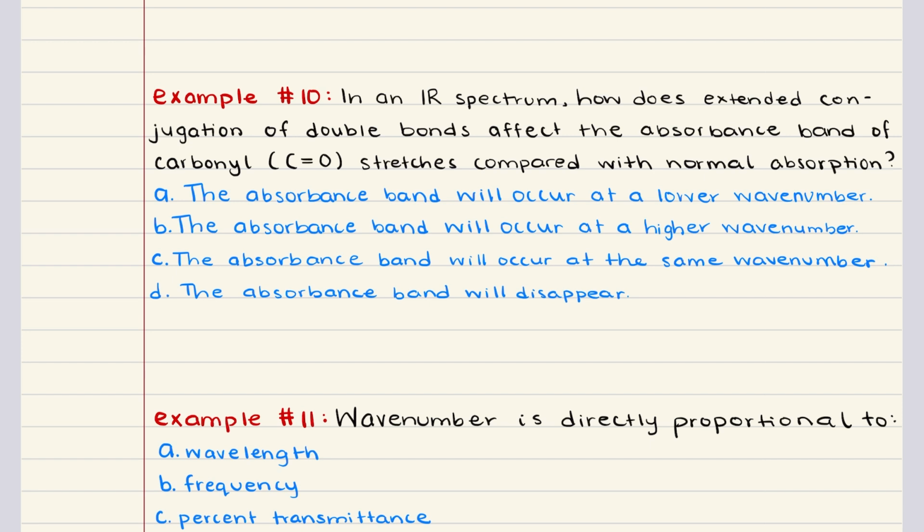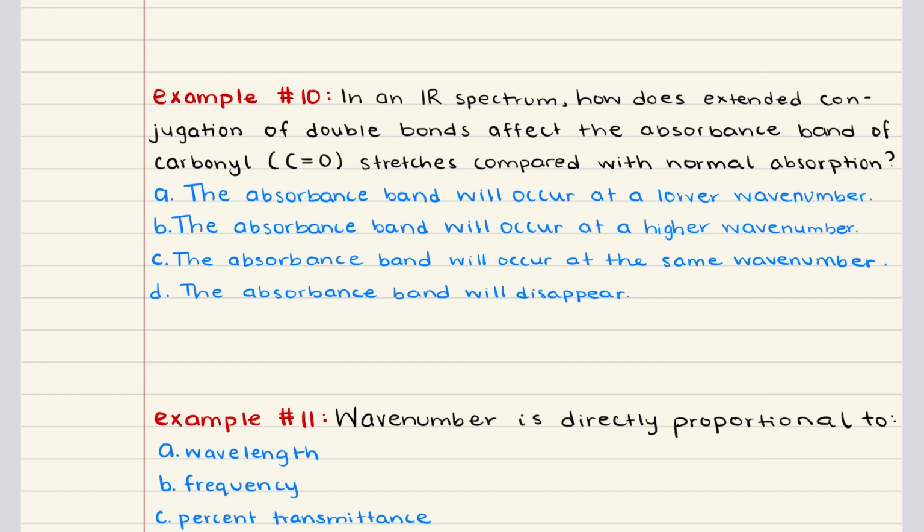Well, conjugation allows electrons to delocalize across the pi system. That means the electrons in the carbonyl bond aren't just staying between the carbon and oxygen. They're being shared across adjacent bonds too.